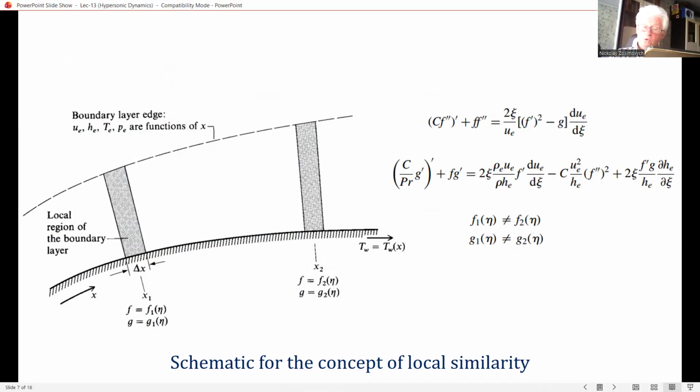The preceding locally similar solution is carried out at each value of x, resulting in f1 of eta and g1 of eta, and likewise f2 of eta and g2 of eta. In general, f1 is not equal to f2, and likewise g1 is not equal to g2.